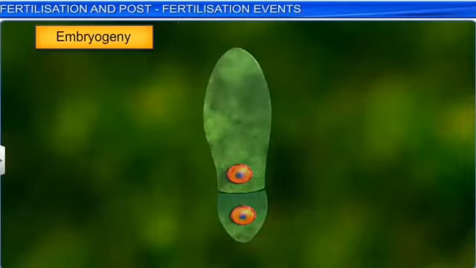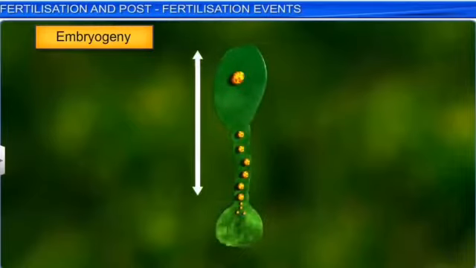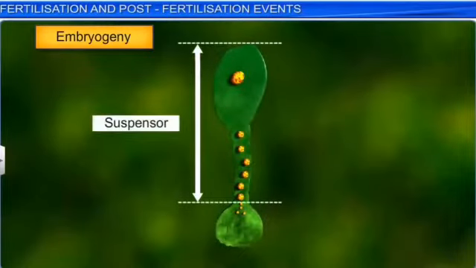The zygote gives rise to the pro-embryo and subsequently to the globular, heart-shaped and the mature embryo. The typical dicot embryo consists of the embryonal axis and the two cotyledons.